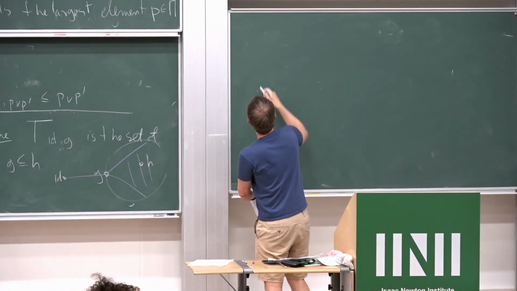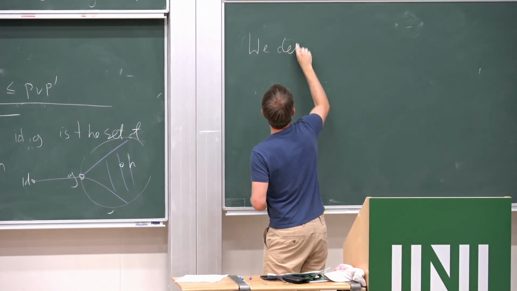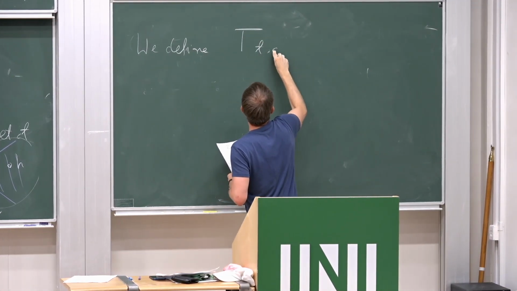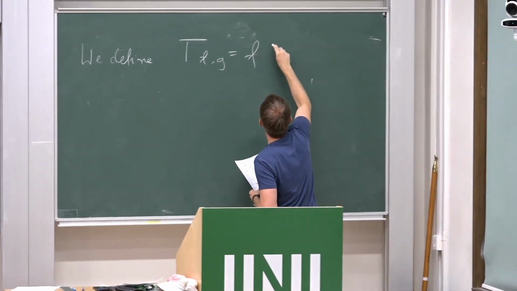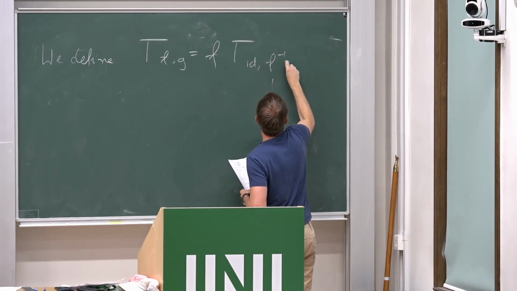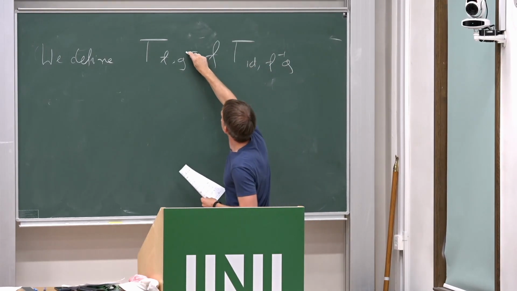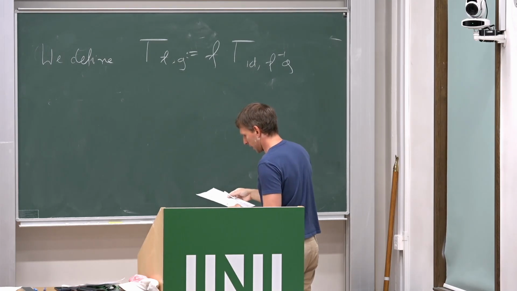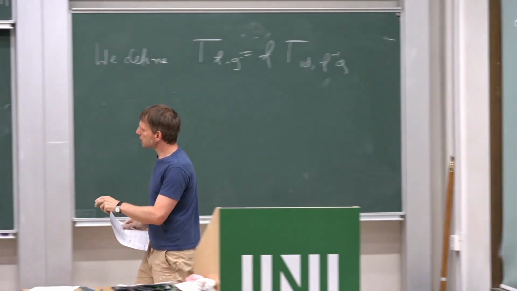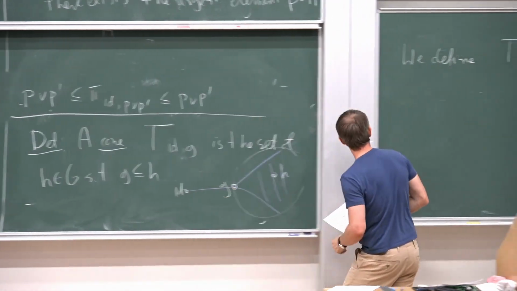And now, as you can imagine, we define it equivariantly. So we define the cone of F, G as F times the cone from identity to F inverse G. And it's interesting now to compare the cones where the first parameter is not identity, but the second parameter is identity.